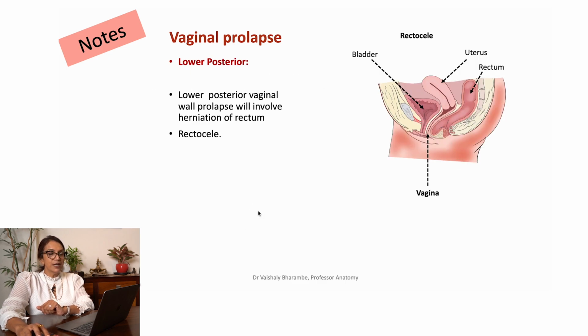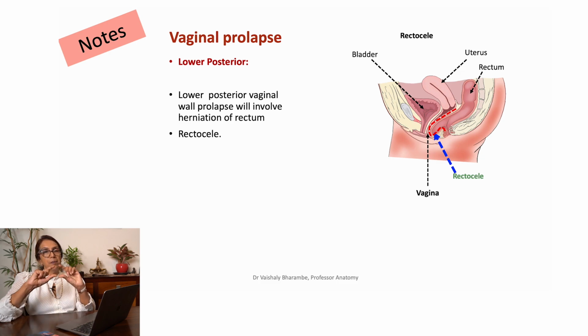Now here the lower vaginal wall is weak, so a bit of rectum has started to prolapse forwards. This is called a rectocele. Upper part of posterior wall of vagina, enterocele. Lower part of posterior wall of vagina, rectocele. So cystocele, urethrocoele, enterocele, rectocele: all are vaginal prolapses.